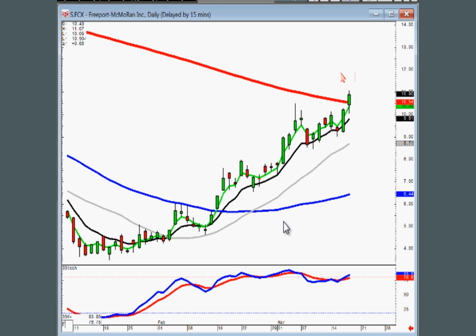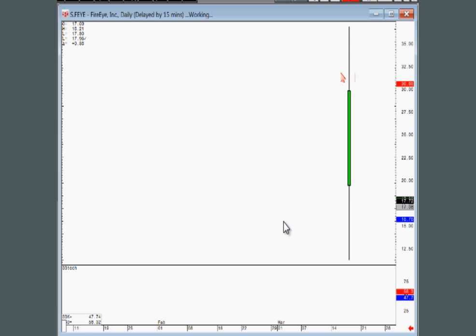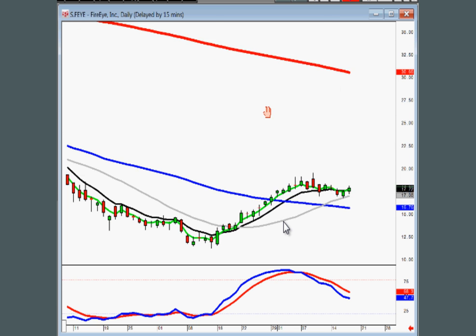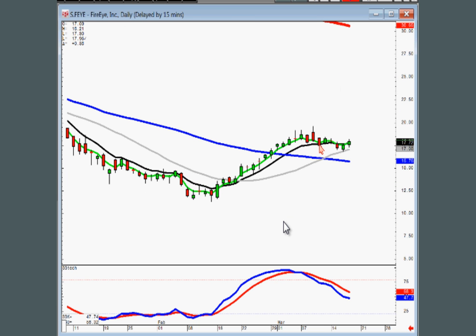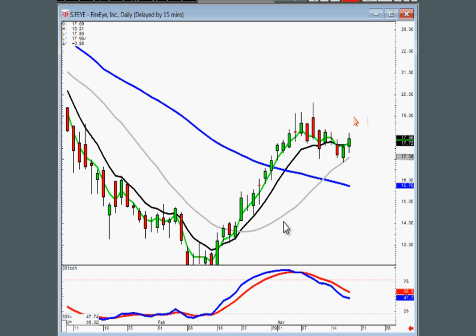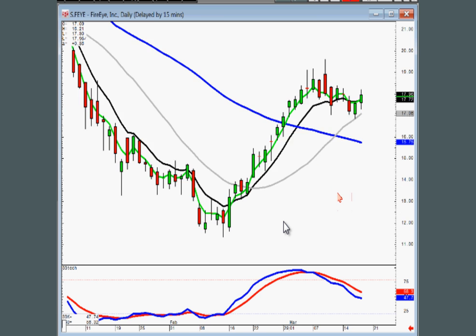MDR. For some reason, I've got this one on here. Another one that's setting up the classic fry pan bottom, J-hook pattern. You can be buying this one. So somebody was asking, where do you buy on a J-hook? You can buy two places. One, you could buy right here because where do you think your next target is? At least to the top here. If it fails, you come back out with a small profit, hopefully.